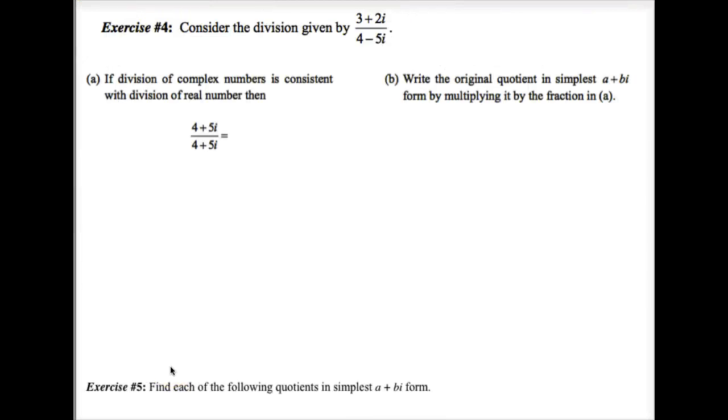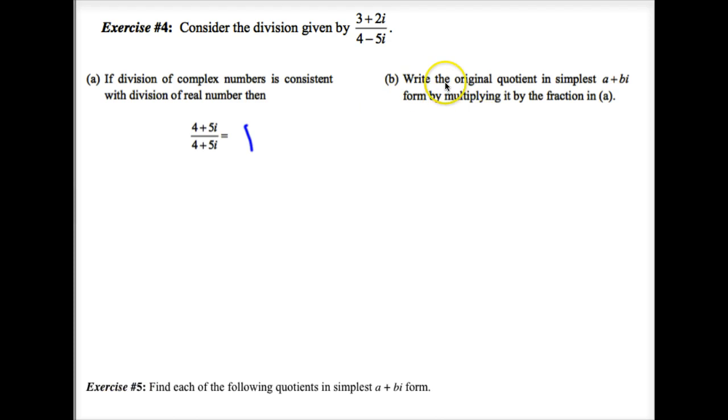Exercise 4. Consider the division given by 3 plus 2i divided by 4 take away 5i. The first thing we want to recap really quick is that when you're dividing a complex number by itself, always remember that anything divided by itself is always going to be 1.